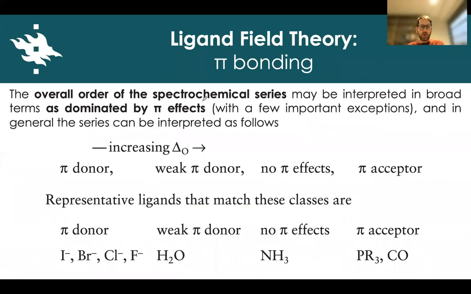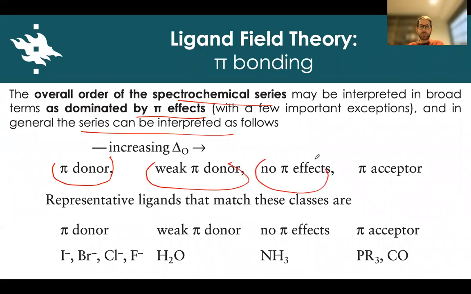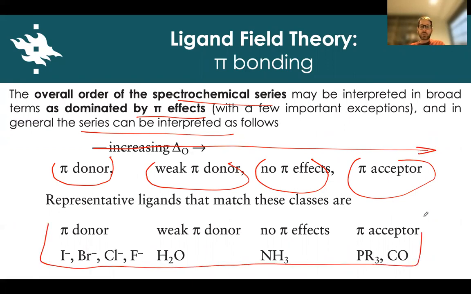The overall order of the spectrochemical series might be broadly interpreted as being dominated by pi effects, with a few exceptions, and the general series can be interpreted as follows: pi donor, weak pi donor, no pi effects, and pi acceptors. This leads to an increase in the strength of the ligand field splitting parameter. Here are some examples of ligands corresponding to each of these classes.